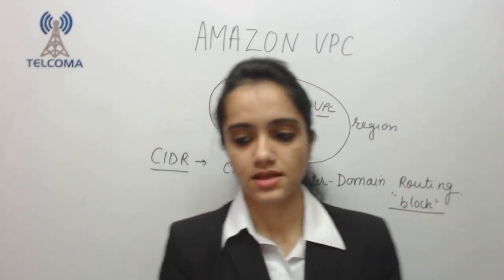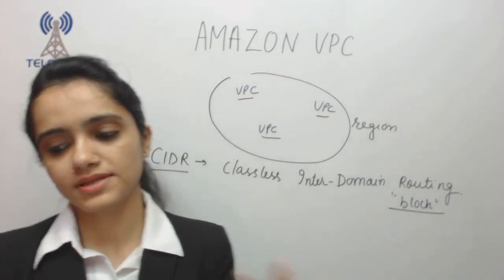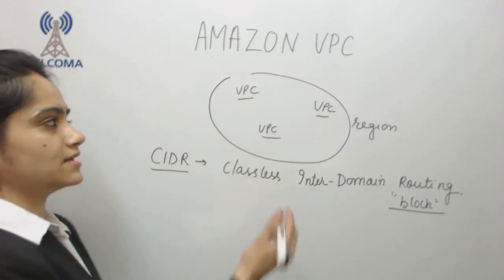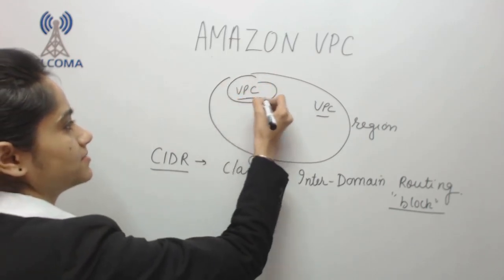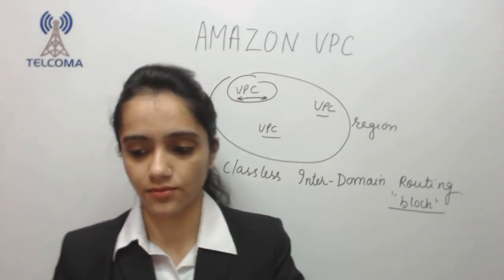The IP address range of an Amazon VPC cannot be changed after the VPC is created. If we have specified some IP address range, we cannot change it after creation of the Virtual Private Cloud.